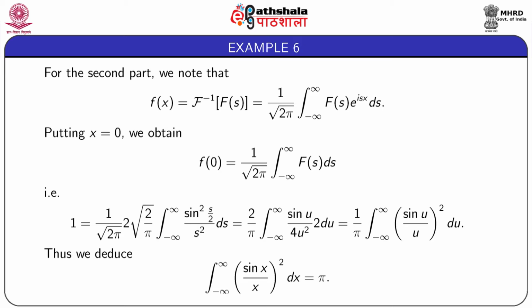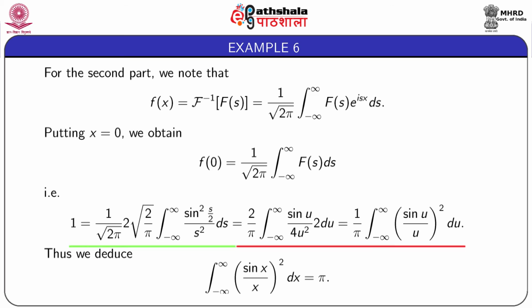That is f(0), if we see the function, f(0) is equal to 1. So, that 1 is equal to 1 by root 2 pi into 2 into root over 2 by pi integral minus infinity to plus infinity sin square (s by 2) by s square ds.